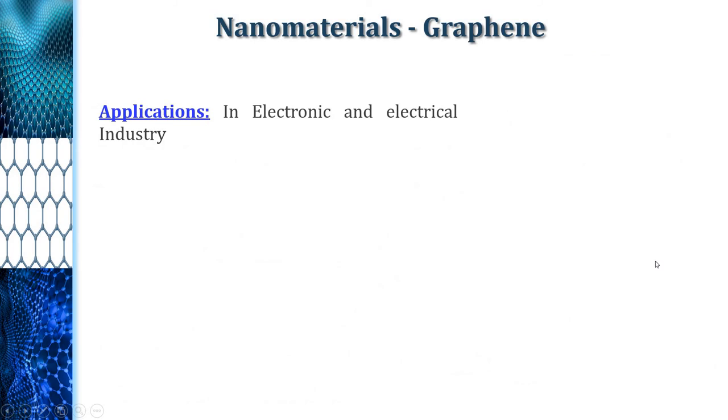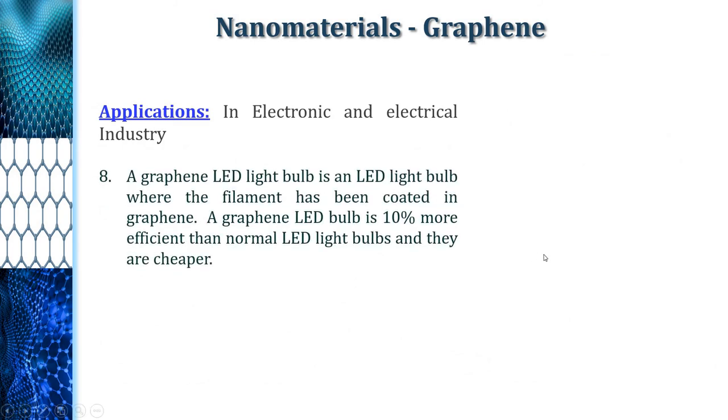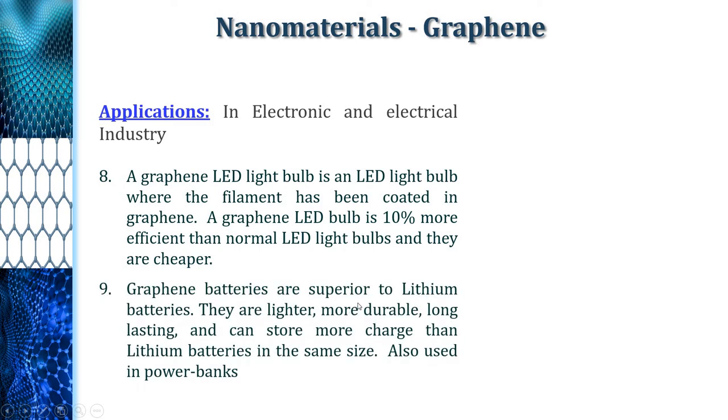It is also used in the electronic and electrical industry. A graphene LED light bulb has more illuminating capacity as well as longer life, and it is cheaper. Graphene batteries are superior to normal lithium-ion batteries.